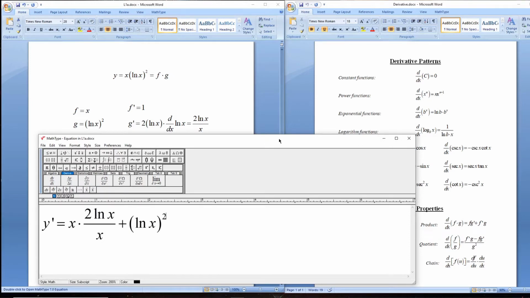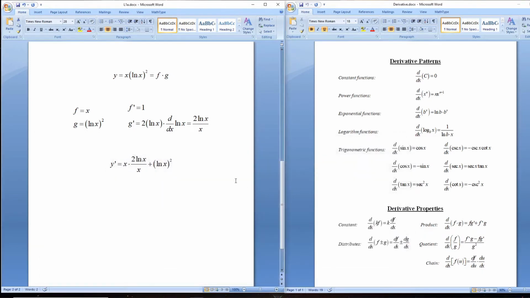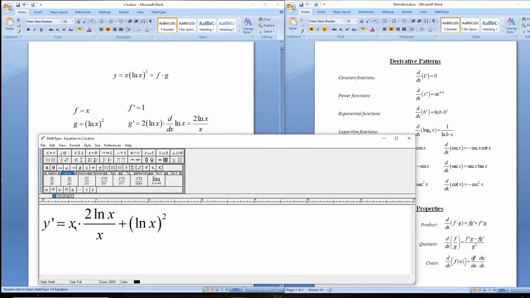And that's our answer. And there's only one thing we could, well, there's two things we could do, because these x's here will divide out. And we could get a greatest common factor out of this. Since both terms have a log x, we could factor that out for our final answer.